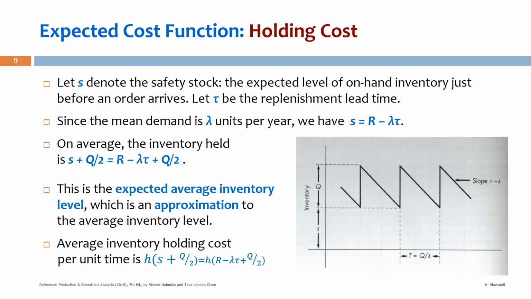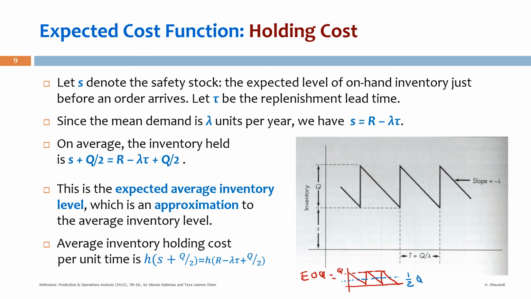The first term in the objective function is expected holding cost. In the EOQ model, if you remember, this was the expected inventory level over time, right? And the maximum level was Q, and so because of that, the average inventory level over time is half of Q, right?